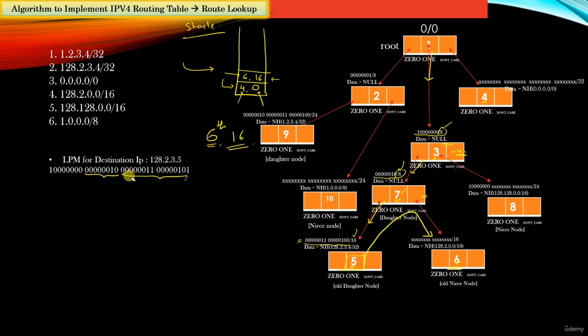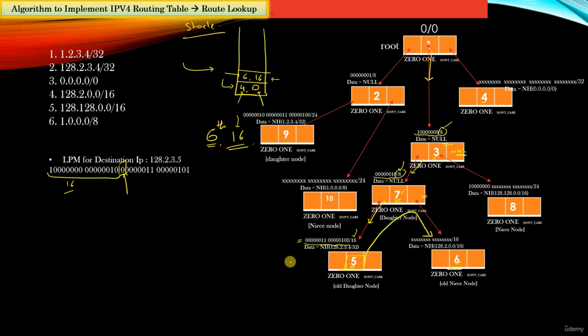So it essentially says that we need to shift our search to the node number 6 and 16 bits of the input string have been successfully parsed. So we need to begin matching the bits of the input string from this particular bit, because the previous 16 bits have already been parsed in the mtry data structure. All right.